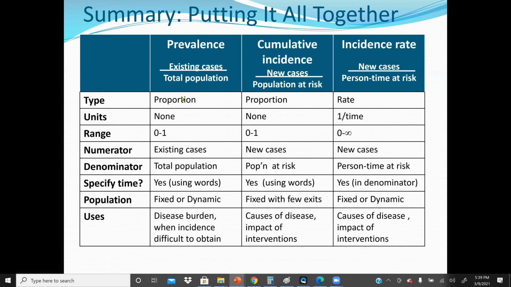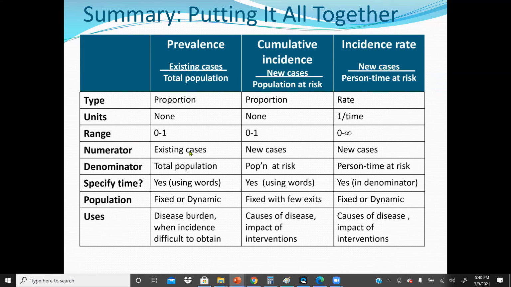So prevalence is a proportion, cumulative incidence is also a proportion, but incidence rate is with time, so it's a rate. There are no units for both prevalence and cumulative incidence, but incidence rate is 1 over time, per year, per week, etc. The range, of course, will be 0 to 1 for both because these are proportions, but incidence rate is from 0 to infinity.